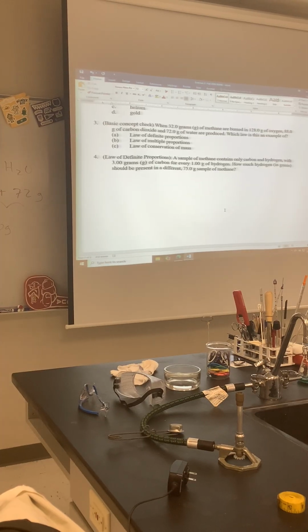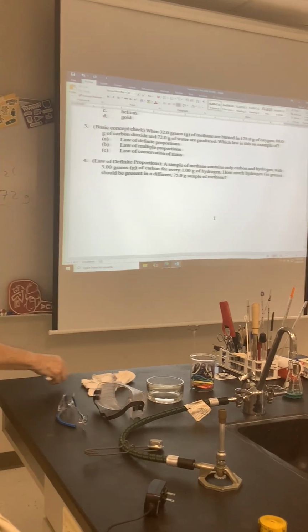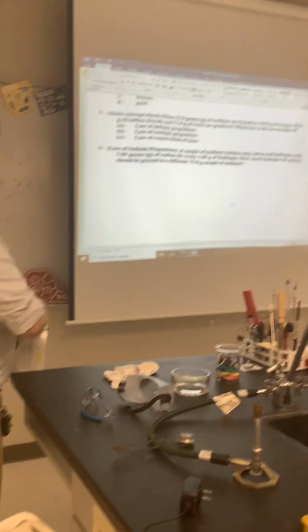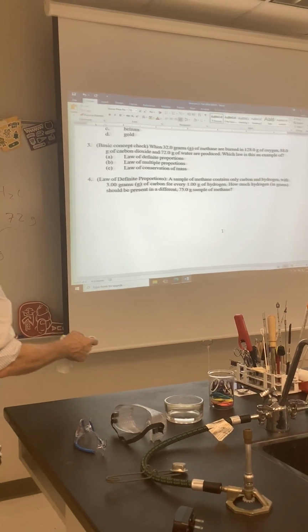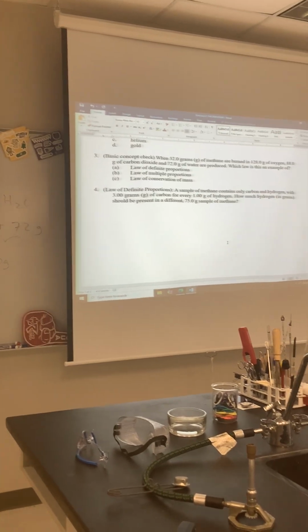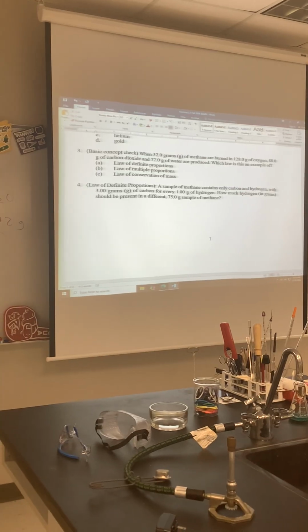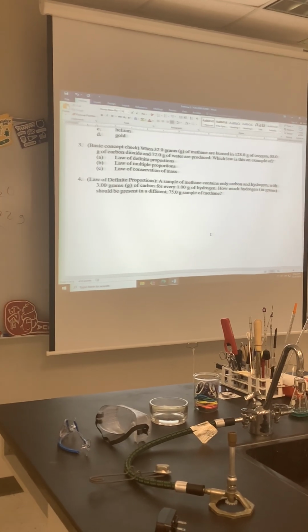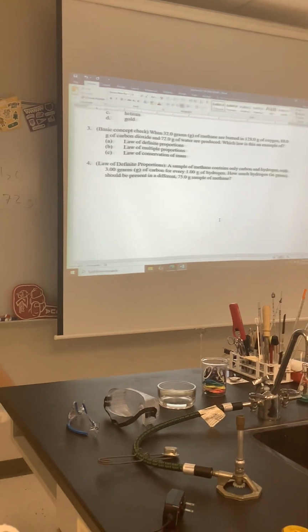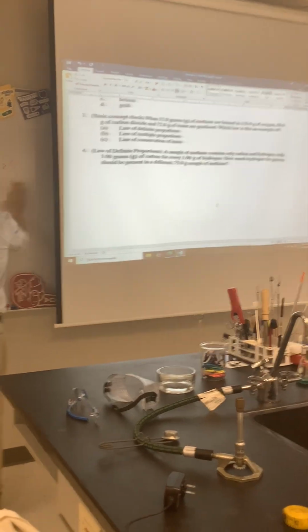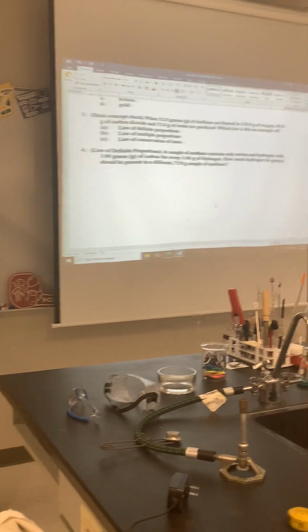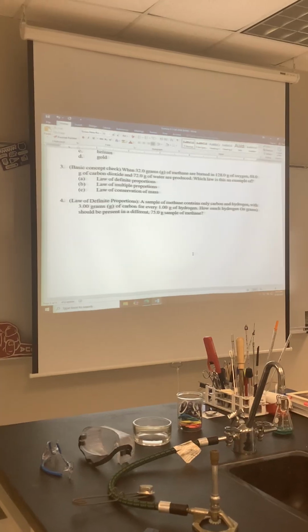Now, it asks, you have a sample of methane that contains only carbon and hydrogen, and 3 grams of carbon for every 1 gram of hydrogen. Where does that come from?